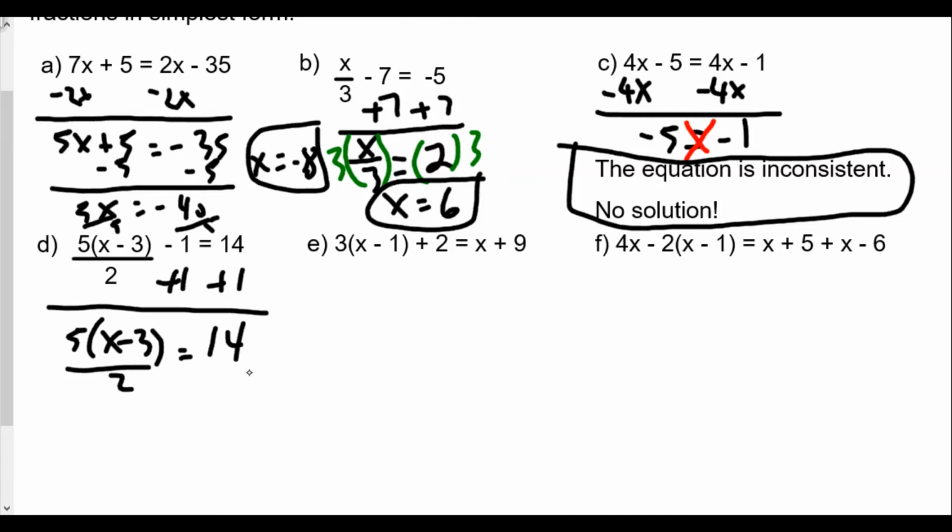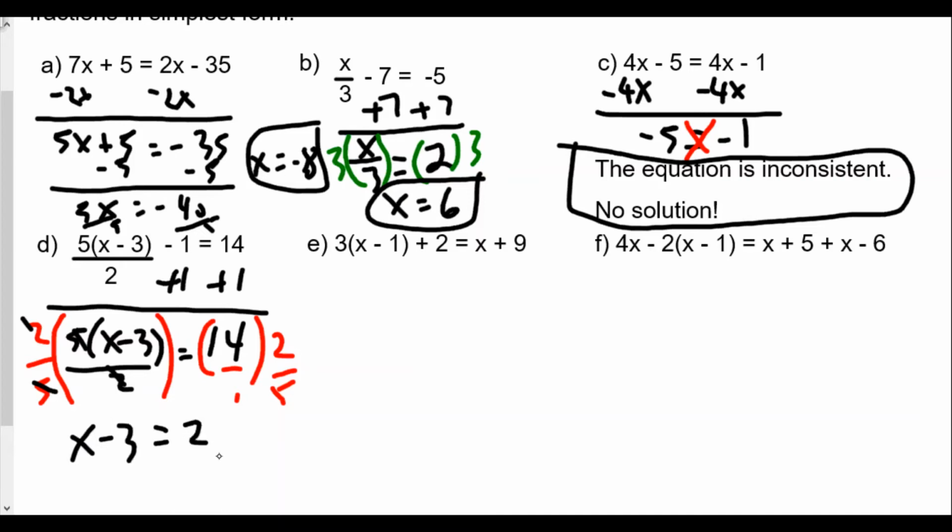You could multiply by 2 and divide by 5, but hey, let's do both at once. The reciprocal of 5 over 2 is 2 over 5. So we'll multiply both sides by 2 over 5. The 2's divide out and the 5's divide out, leaving us x minus 3 is equal to 28 over 5.